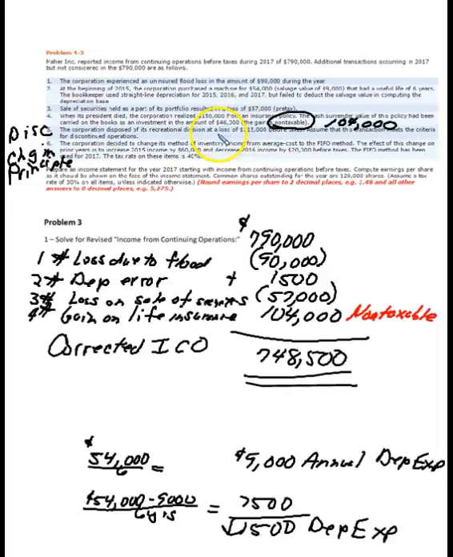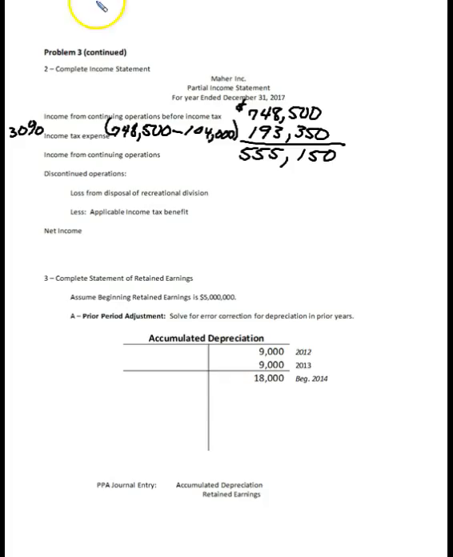Then we have the discontinued operations, which is what we saw in number 5. And so we have a loss of $115,000. And then we want to net out the tax benefits. So keep in mind, again, a 30% tax rate on $115,000 is $34,500.